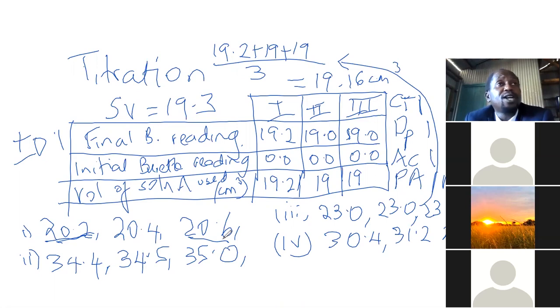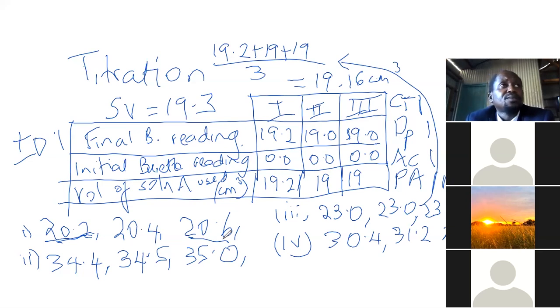So we only have 2 values that are consistent there. That is 34.4 and 34.5. When we look at 35.0, it is not consistent with any value there, and therefore we omit it in the averaging. We say 34.4 plus 34.5 divided by 2, which is 34.45.